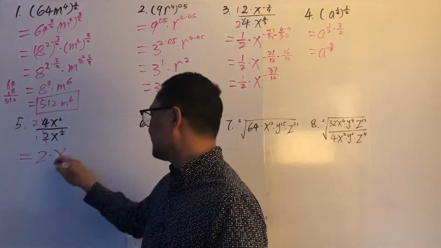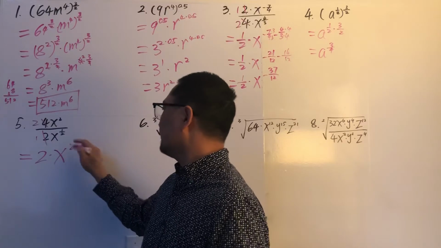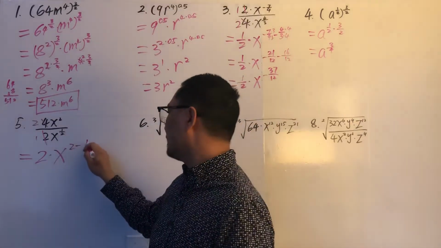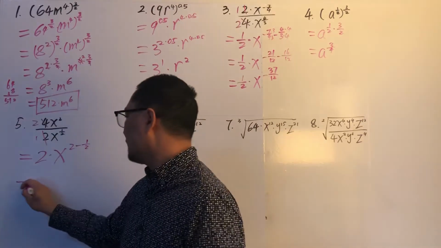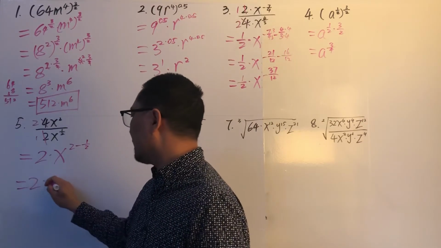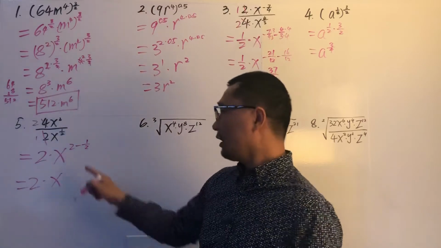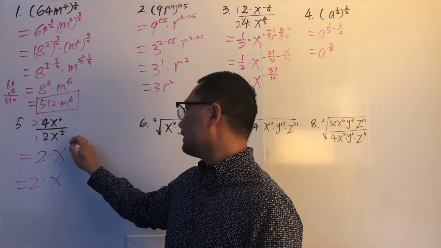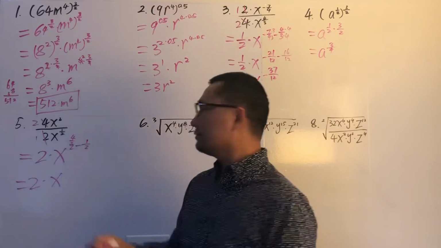So that means x to the 2 minus, because this is division, that means minus. Minus exponent is 1/2. So finally you have 2 times x, 2 minus 1/2. That means this is 4 over 2, right?